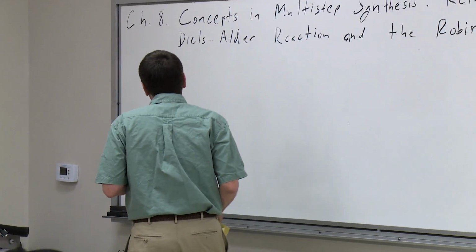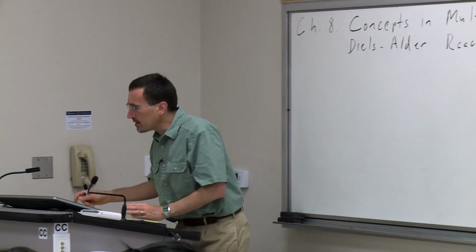So the big picture in synthetic organic chemistry is being able to see how to put complex molecules together. And that means taking a step back from the specific tactics and looking at the strategies that are involved.